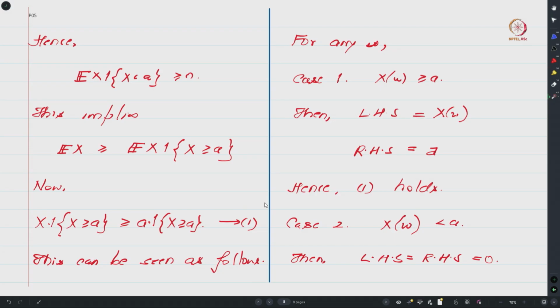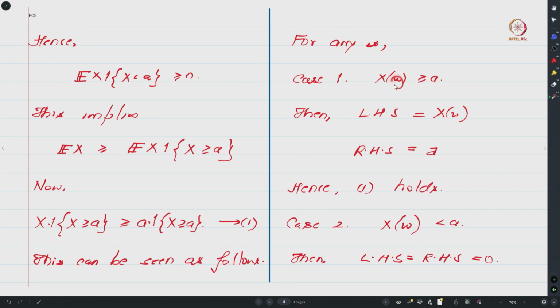On the other hand, suppose x of omega is bigger than a, then the left hand side is x of omega times this indicator, and this indicator is 1 because x of omega is bigger than or equal to a, which implies that x of omega is the left hand side. On the other hand, the right hand side is simply a, because this indicator is 1.